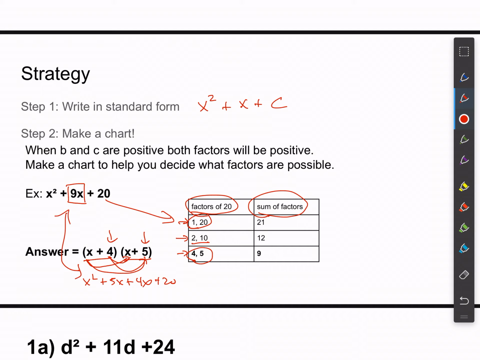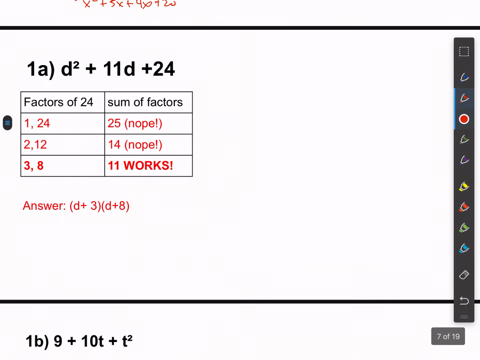When we factor something, this should always, always, always equal the original. It's just another way of writing it. So it's kind of undoing this problem to figure out its simplest pieces. That's what factoring is all about. So those are some strategies to do that. So let's do some examples now.